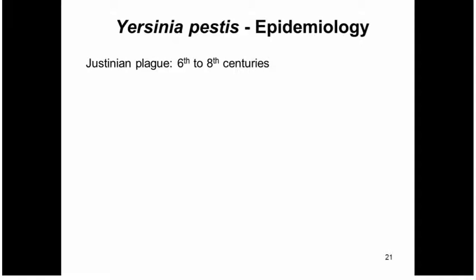Okay, so the first one started out in the 6th century in Alexandria and was transferred to Constantinople and the rest of the Mediterranean region. From there it spread to the Middle East and was also ended up causing disease in China. So we know that this epidemic wave went all the way from the Mediterranean region to East Asia.